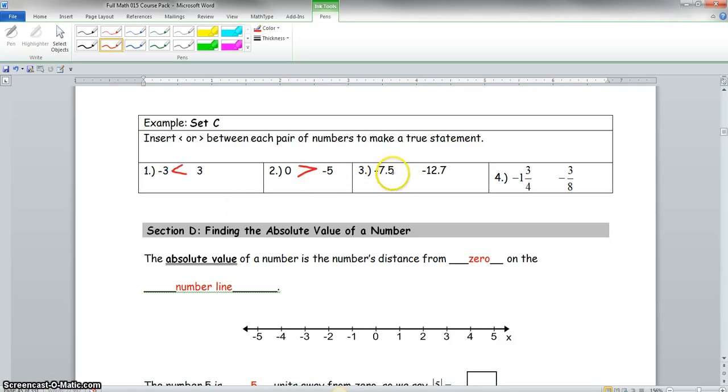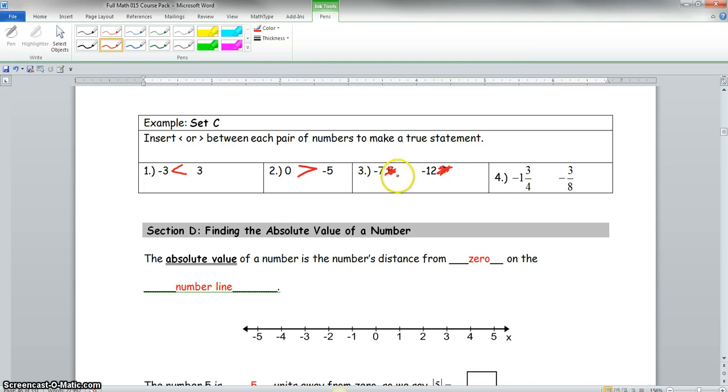Now we look here at number 3. We have these decimals. What I want you to do in your course pack is to scratch out this 0.5 and scratch out this 0.7. So we're going to look at this as -7 and -12. Now to determine which one is larger, when you have both the same sign, you would go in your mind and think, okay, which one of these negative numbers is closer to 0?